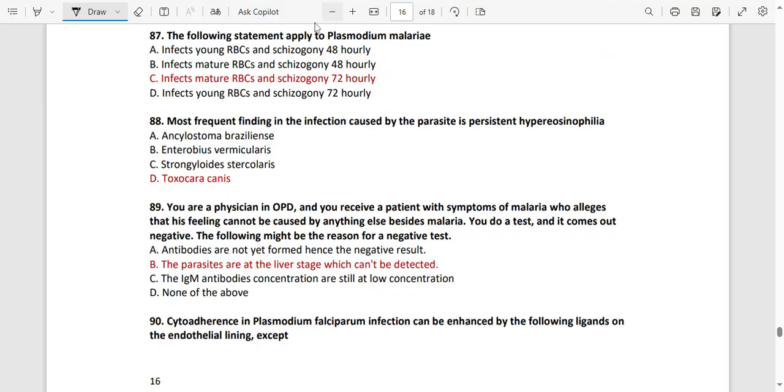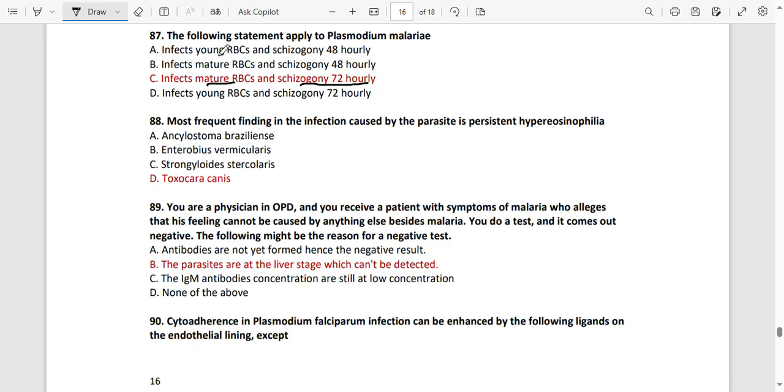The following statement applies to Plasmodium malariae. So Plasmodium malariae infects the mature red blood cells, and the schizogony is 72 hours. For the others, most of them is 48 hours.